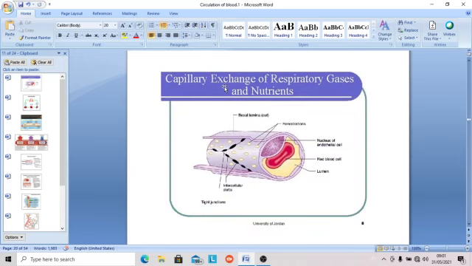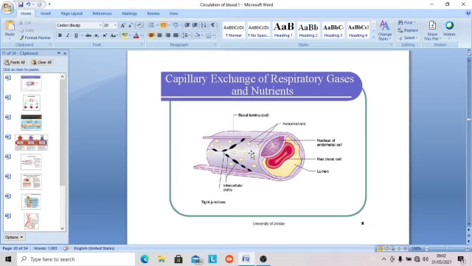We see in detail this is the exchange of gases and nutrients at the level of the respiratory membrane or in the lungs. What will happen in the lungs? This is the structure.